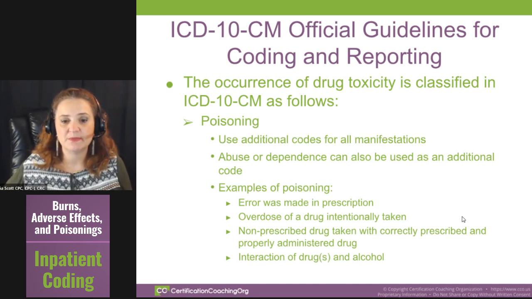An error was made in a prescription. So let's say a lot of prescriptions are based on weight. And if they don't pay attention to the weight of the patient, then you may prescribe them a higher dose than they need, right?